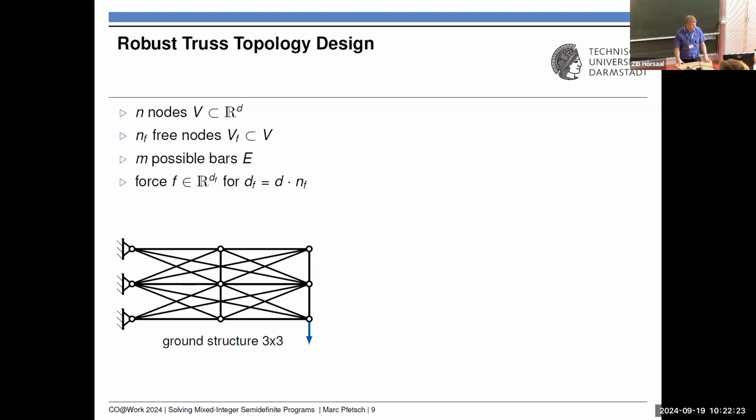So you have m edges or bars, and you should choose among them, so that this force F, which lives then in the dimension of your space, d, 2 or 3 usually. I've not seen any truss topology design in 4 dimensions so far, times the number of free nodes, because only on the free nodes this force is actually in place. So the fixed ones, the force does not matter.